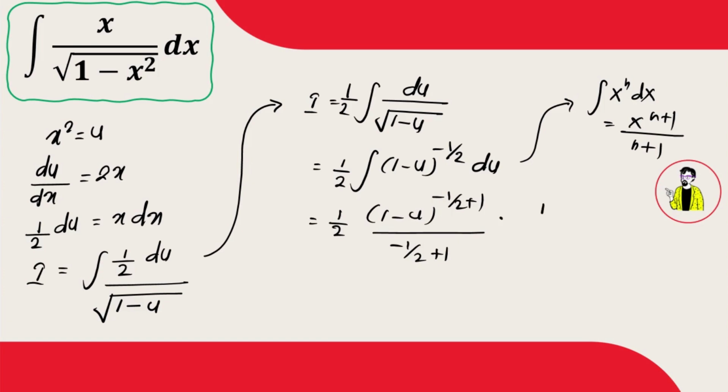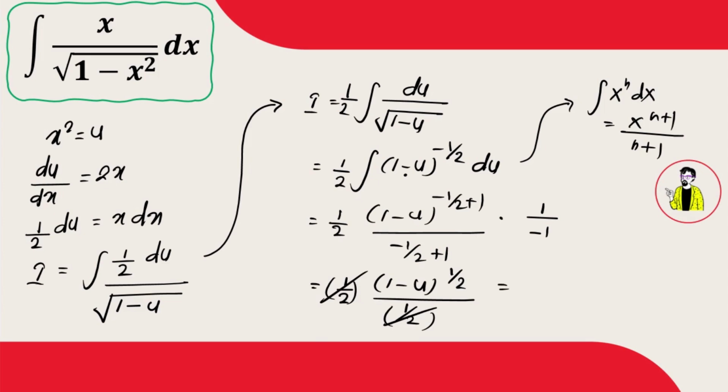Again we have to divide by minus 1, that means the coefficient of the variable. Here we have minus 1, so we have to divide by the coefficient. Now you have half times 1 minus u to the half over half, so this half cancels with this half.